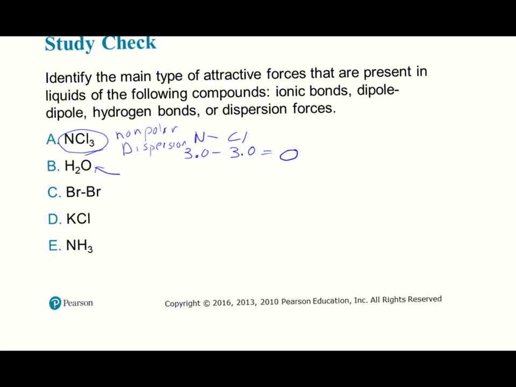Water, you have oxygen bonded to hydrogen. So hydrogen bonding would be your primary intermolecular force. You have an element bonded to itself, so there's no electronegativity difference. So it's going to be nonpolar, which means that the only possible intermolecular force is London dispersion.